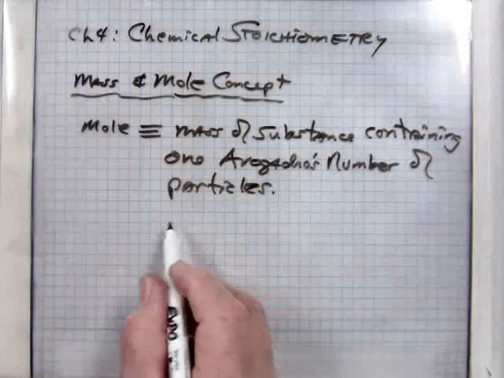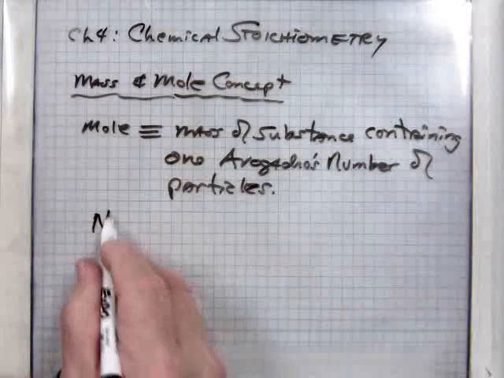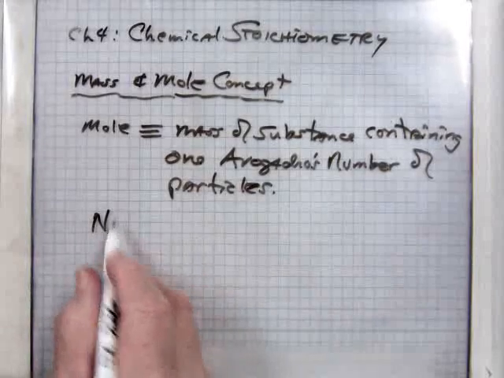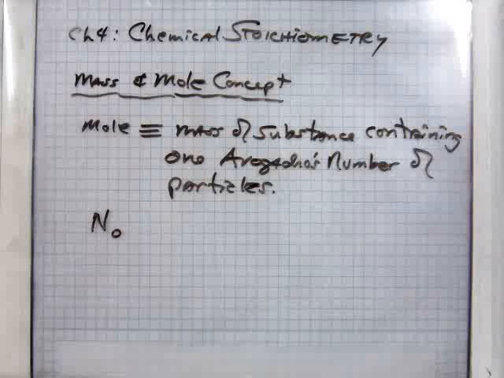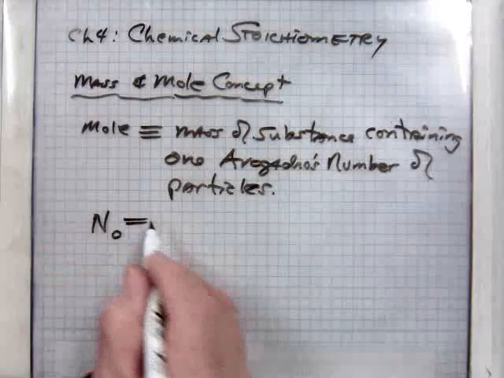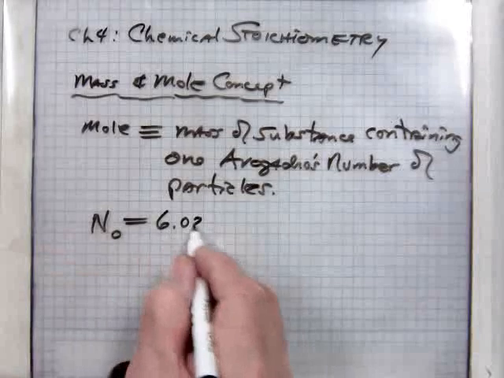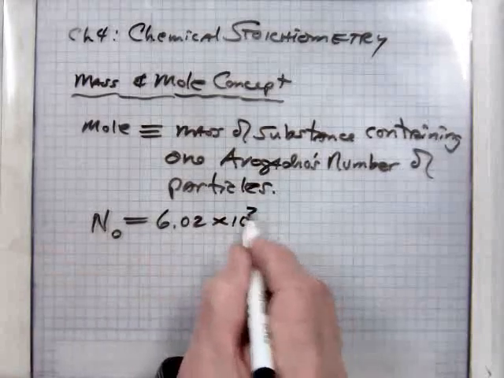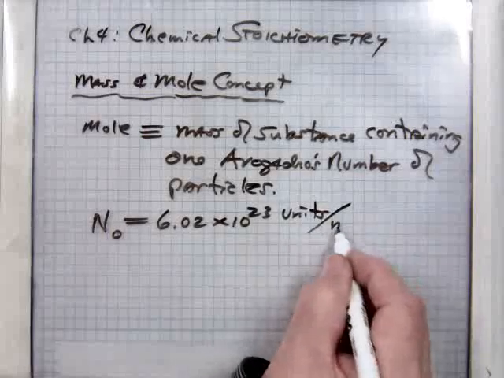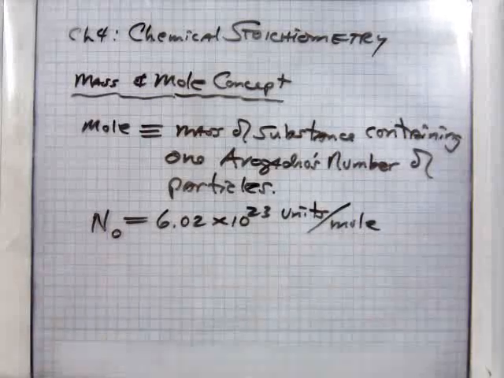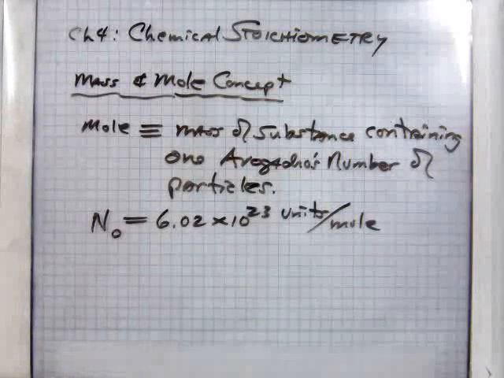One Avogadro's number is usually written as a capital N with a subscript of 0 attached to it, and is defined as 6.02 times 10 to the 23rd units per mole. We will use that in some of the problems, which we will illustrate in a minute.